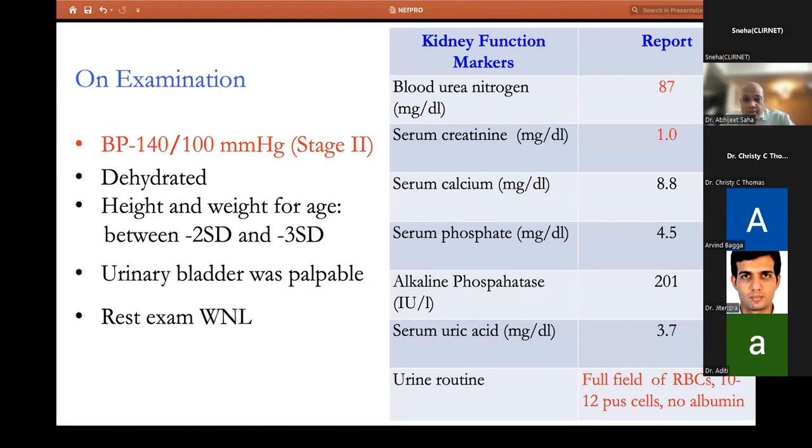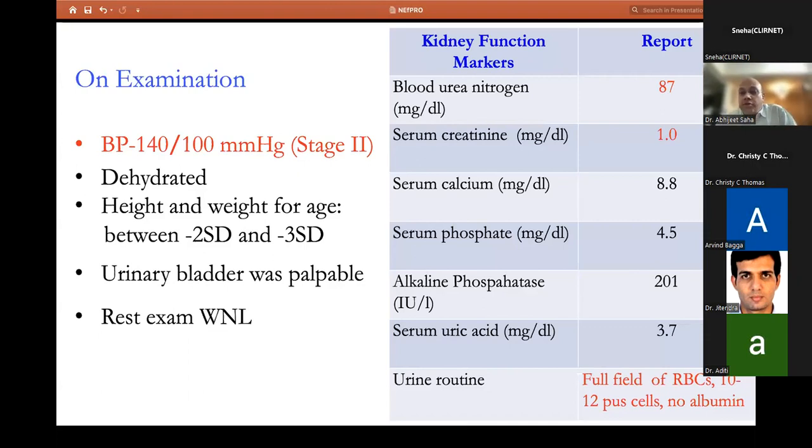So what do you think about the serum creatinine in a child who was 10 years old, is 1 normal or abnormal? And about the serum calcium, this child had a calcium of 8.8. His serum phosphate was 4.5, which is normal.